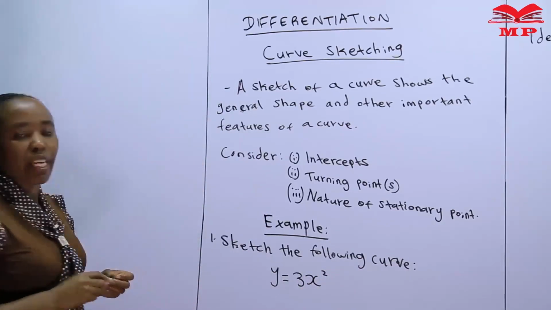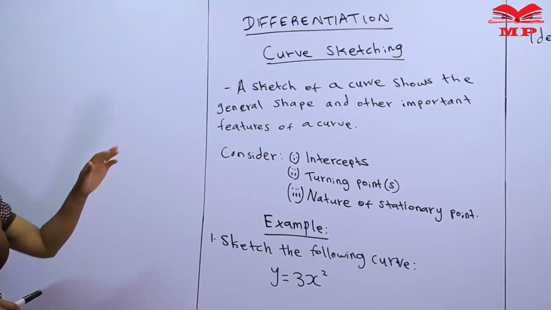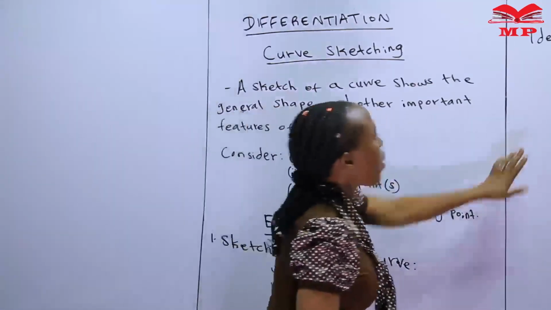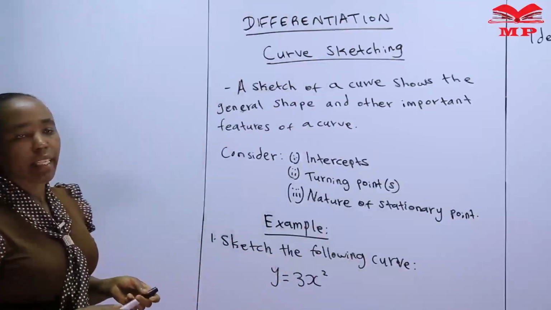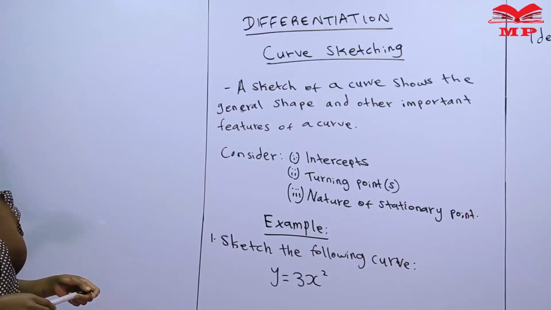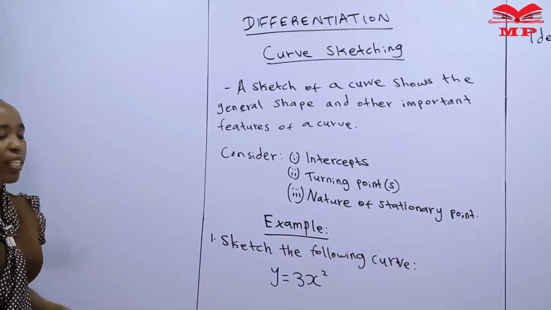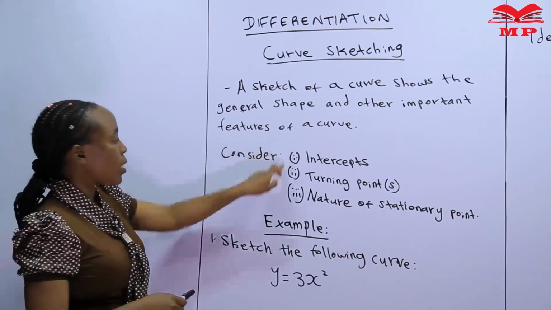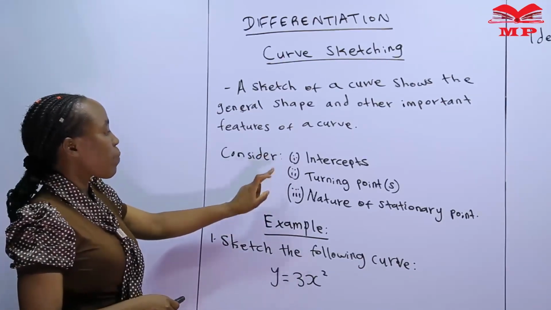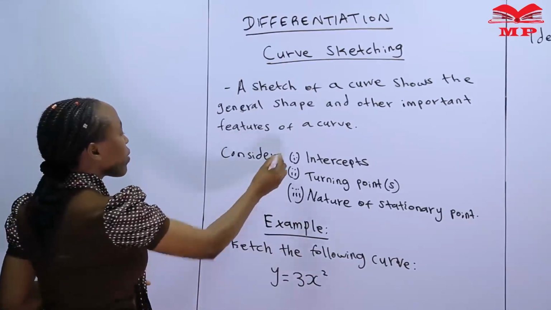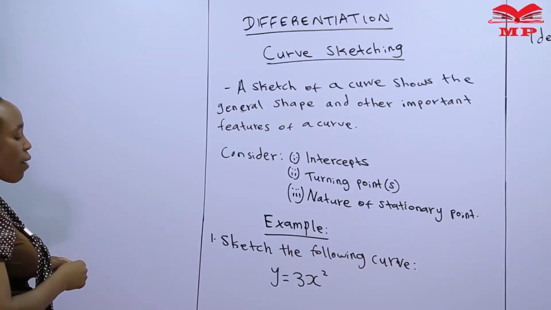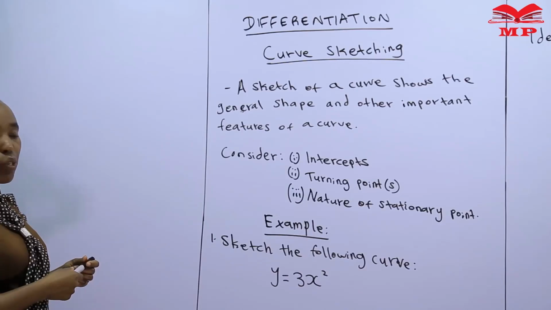Now that we have covered how we can get the stationary point and the nature of the stationary point, this is very easy to sketch. We are going to follow these three: the intercepts, the turning points, and the nature of the turning point. Then we sketch the curve y is equal to 3x squared.